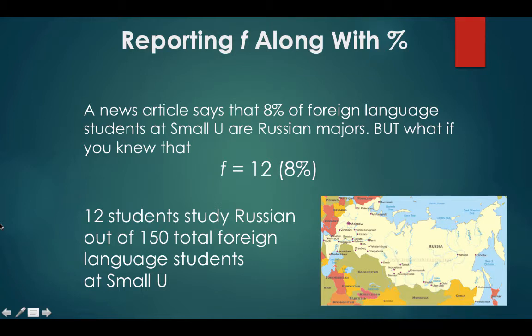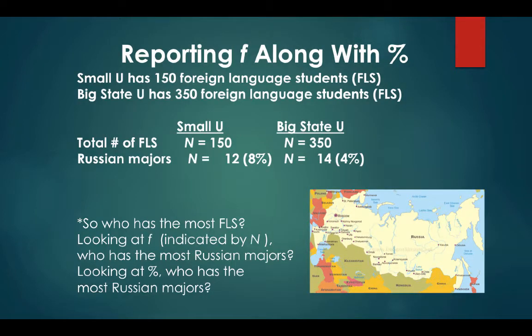So a news article says that 8% of foreign language students at small U are Russian majors. But what if you knew that F, which is your frequency, equals 12. So you know there's 12 students, but that is 8%. So 12 students study Russian out of 150 total foreign language students at small U. Let's take a look at this. Okay, so small U has 150 foreign language students.